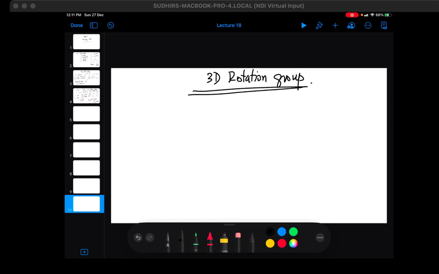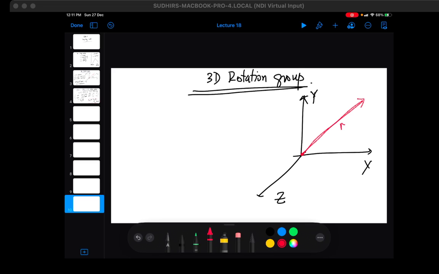The number of generators could be 3, because you can have rotations in xy, yz, and zx.